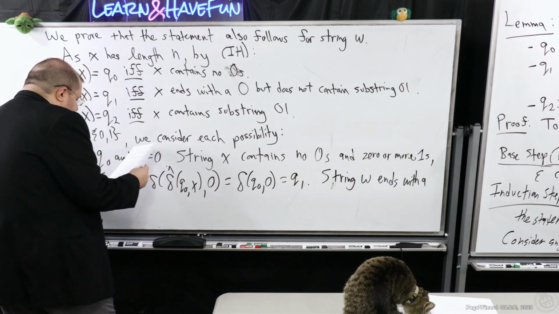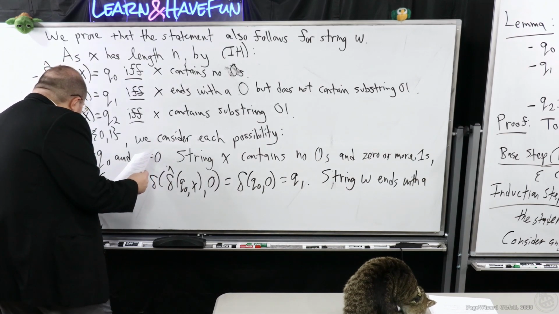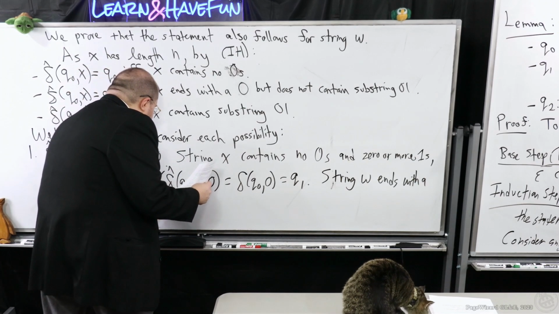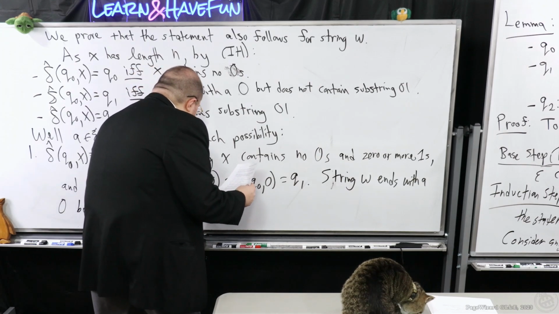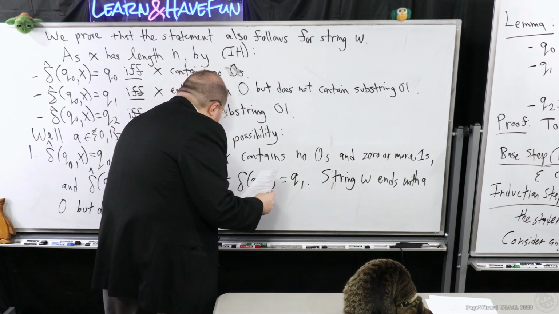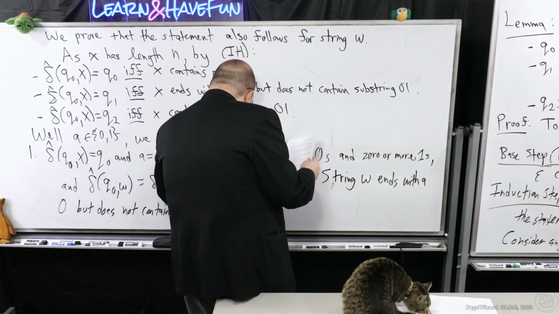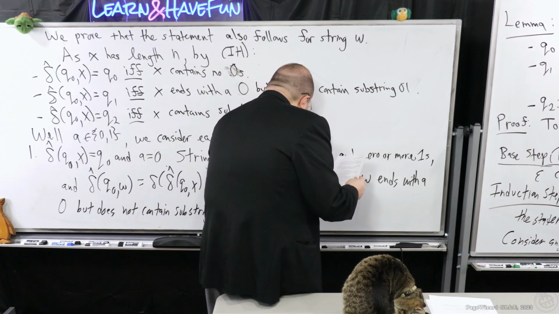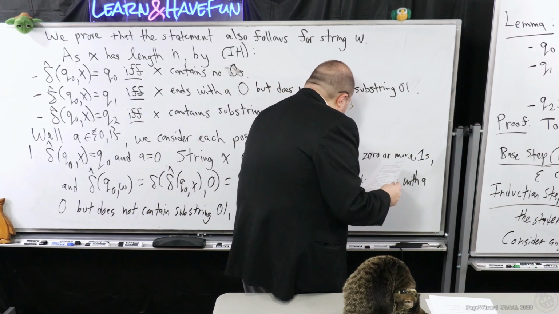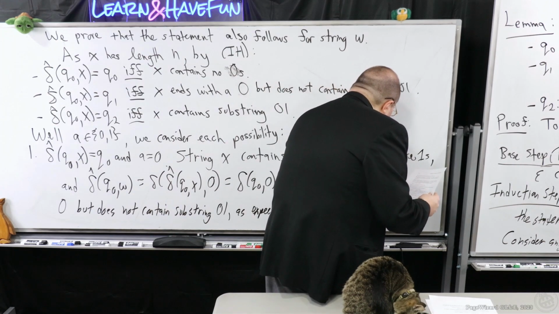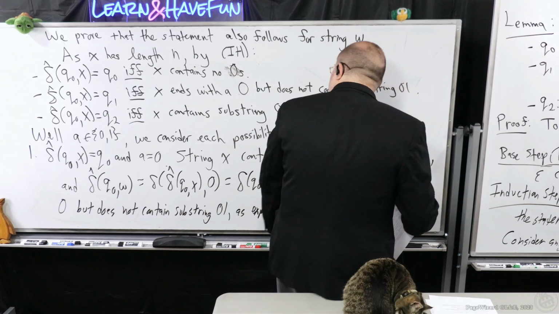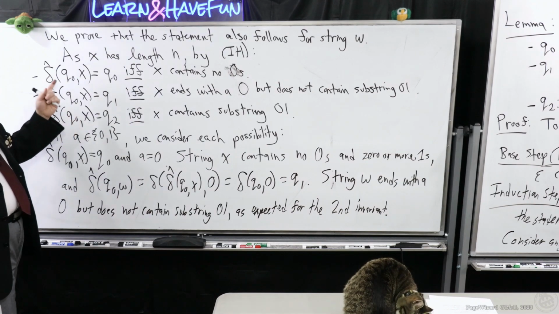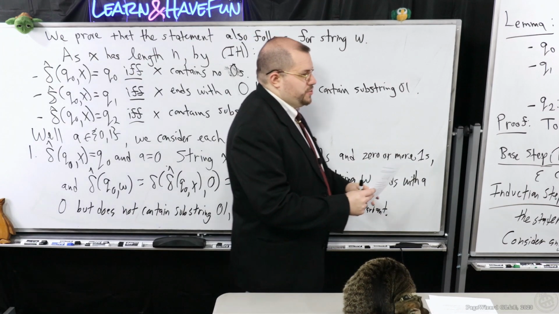String W ends with a 0, but does not contain substring 0, 1, as expected for the second invariant. Remember we have this for W, that's what we're trying to prove, right? So this is 1, 2, and 3. So this is number 2.